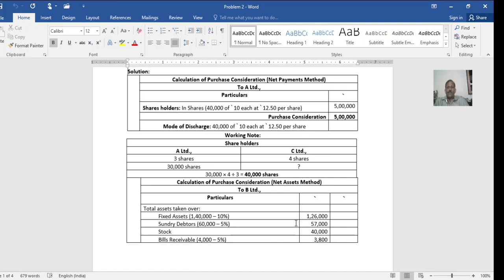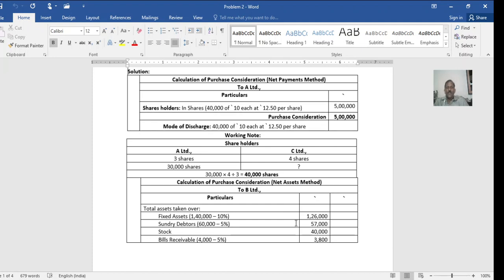Look into the share capital. Share capital of A Limited consists of 30,000 shares. Now, 4 shares for every 3 shares means 30,000 times 4 divided by 3, which is 40,000 shares. 40,000 shares of 10 each at 12 rupees 50 paise, so there is a premium of 2 rupees 50 paise.